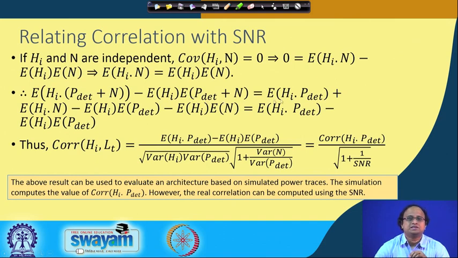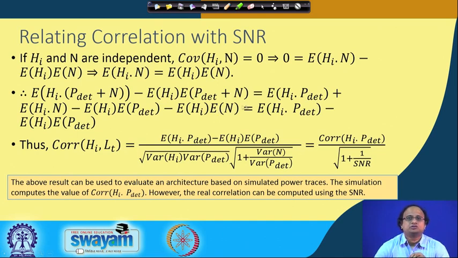This I can write as E of Hi multiplied with P deterministic, plus E of Hi multiplied with N, minus E of Hi multiplied with E of P deterministic, minus E of Hi multiplied with E of N, because E of P deterministic plus noise I can write as E of P deterministic plus E of N. I can break it up.